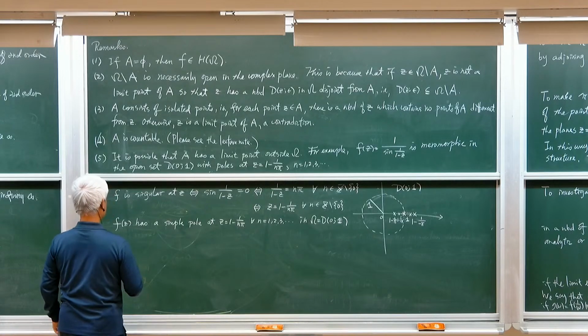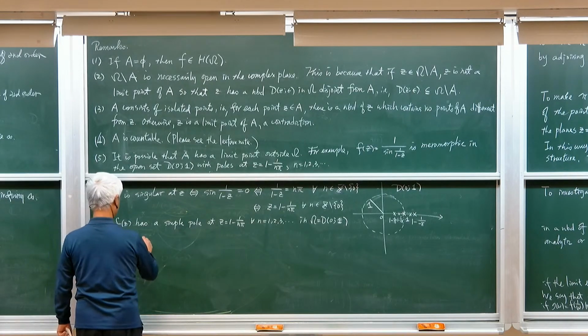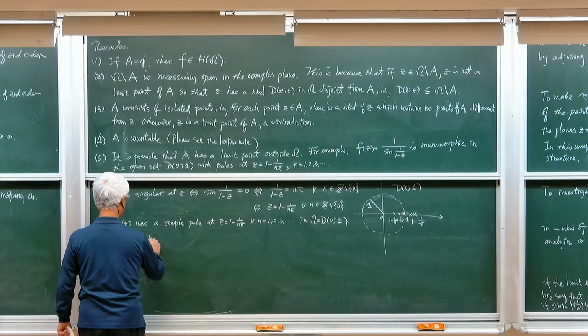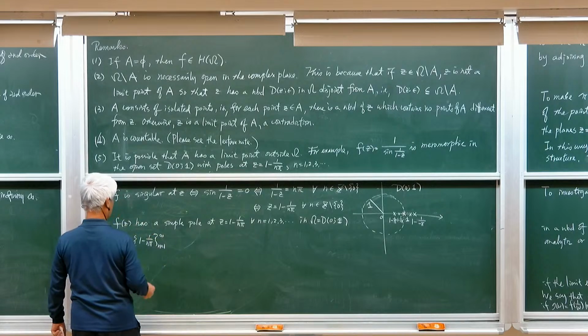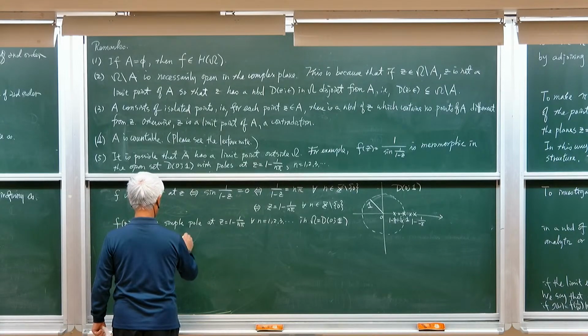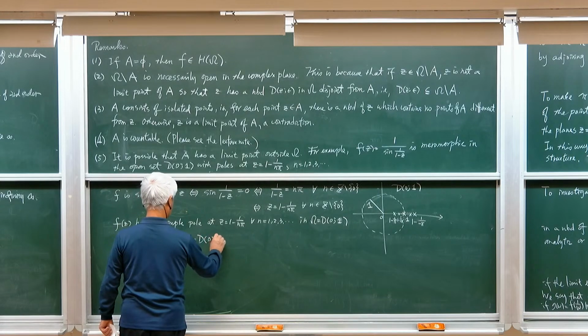All right. So A would be 1 minus 1 over n pi, and n is from 1 to infinity. And this one is contained in the omega, which is the open disk D.